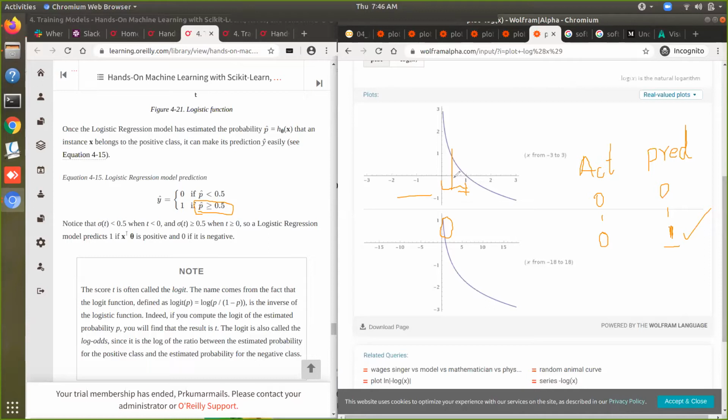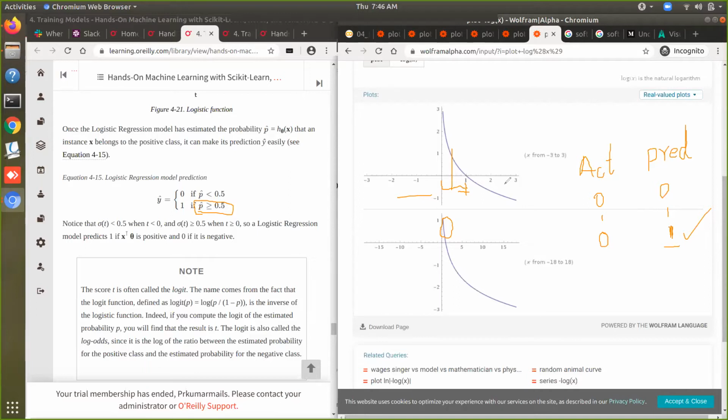When it is greater than 0.5, the cost function is trying to make it 0. But I actually need to penalize the model, since my actual class is 0 and it is predicted as 1. If the cost function reaches 0 here, the cost does not change anything.